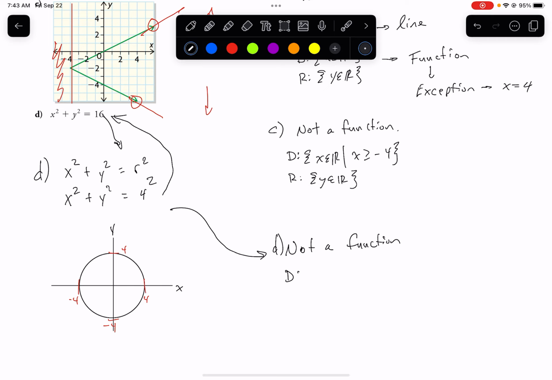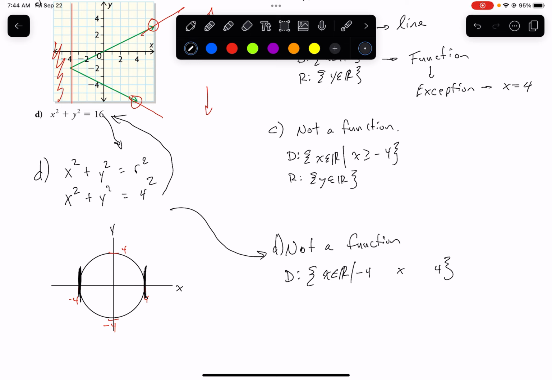Its domain is the set of x values where the graph is acceptable, or where it exists, I suppose. So it can take on all values of x such that they fall between negative 4 and positive 4. What's that look like? Well, you can write it like this. Negative 4 is the lower boundary, x in the middle, higher boundary on the top.